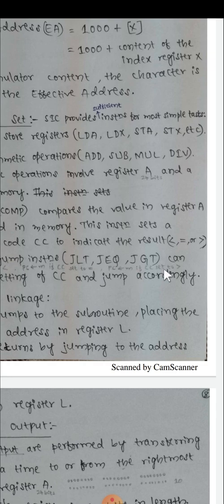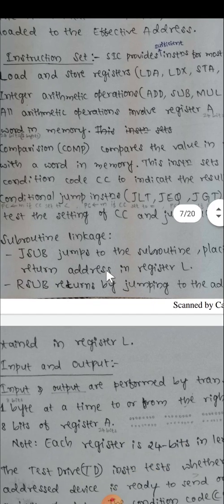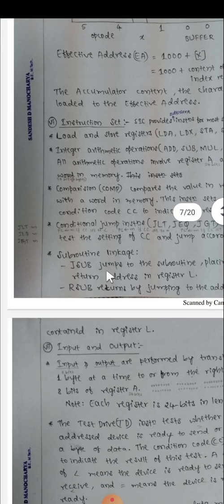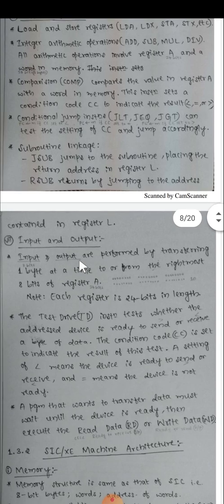Then if CC is greater than, then again memory is stored into PC. So these are the movement of data from memory to registers. Okay, we will see them in detail in next topics, don't worry.